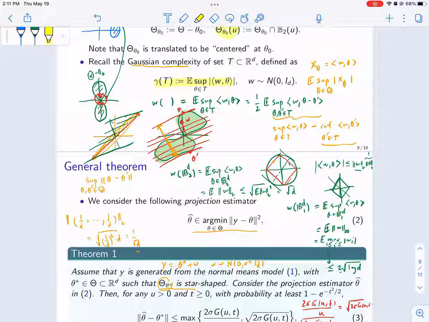For the L1 ball, it's of the order root log d. So you can see it has a nice sensitivity to how big these are in high dimensions. It's a simple way of seeing that this ball is much smaller than this ball in high dimensions.